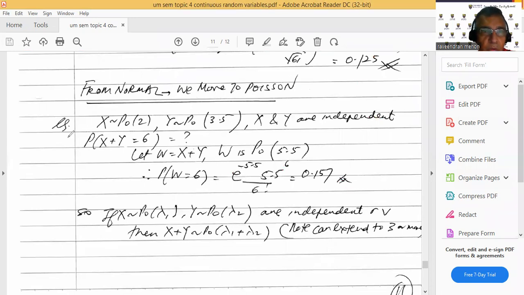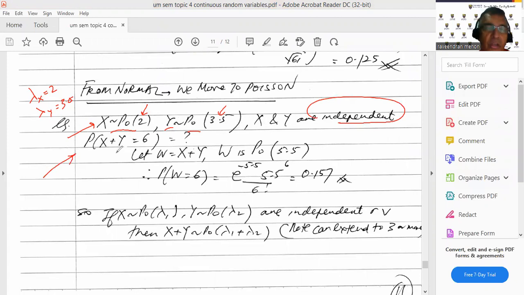Note, if X is Poisson with mean rate 2 and Y is Poisson with mean rate 3.5, you can say lambda X is 2 and lambda Y is 3.5. The important thing is X and Y are independent. You're asked to find the probability that X plus Y equals 6. We want to use the same idea as before. W equals X plus Y. So what's the expected value of W?